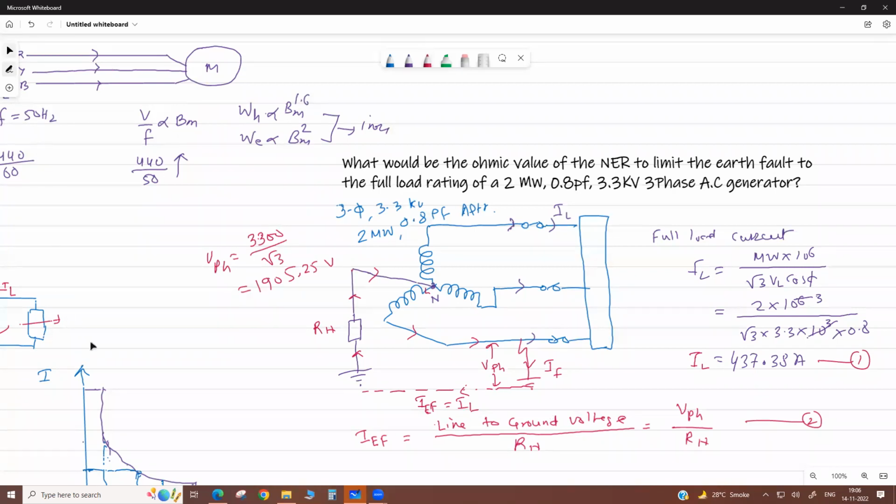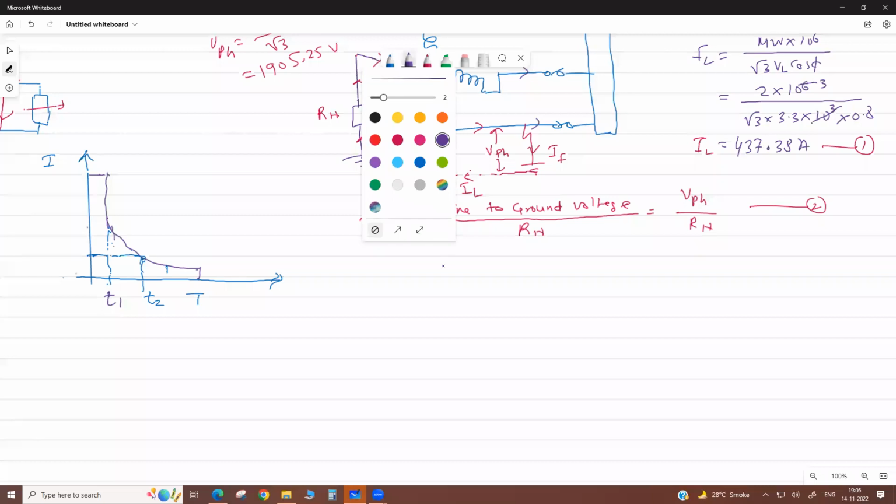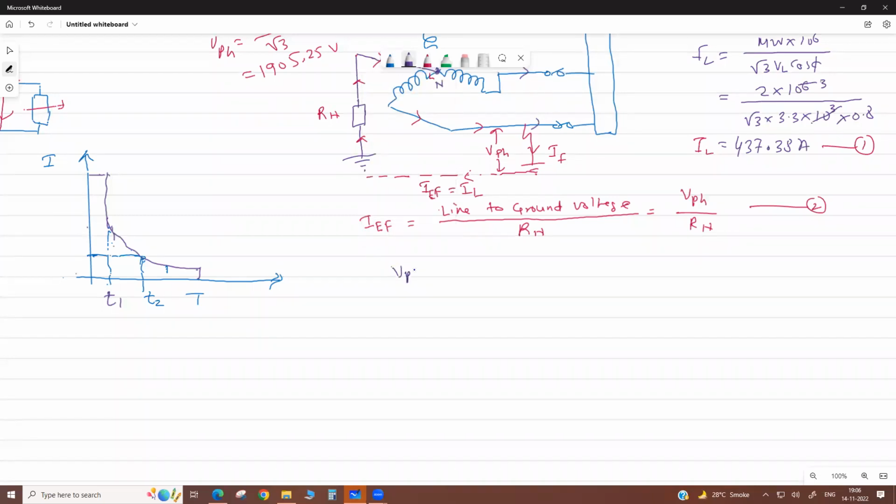Very simple. Now, if we equate both equations, V phase by Rn, the neutral earth resistance, equals IL.